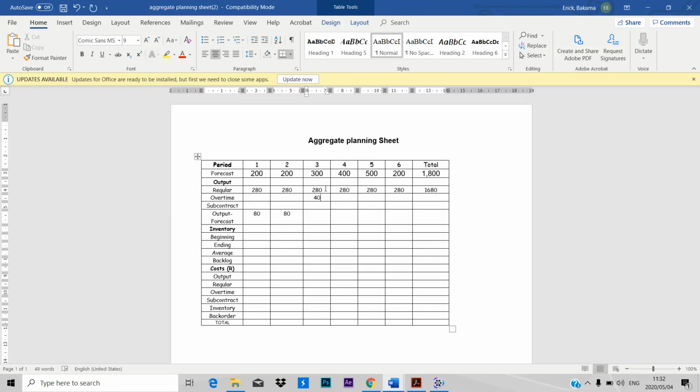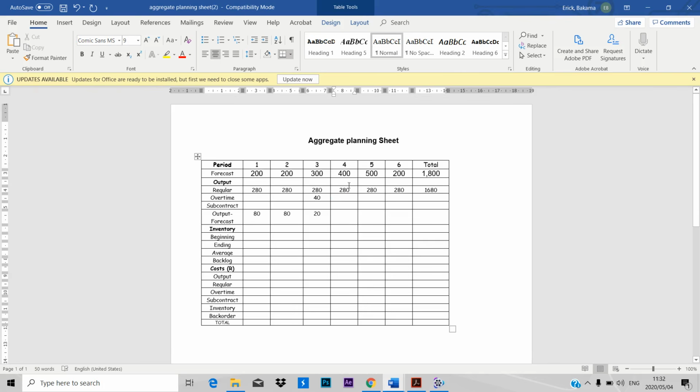We have an overtime of 40, which means we normally produce 280 units, but with the overtime we want more people to work. They have produced an excess of 40 units, so we have 280 plus 40, which gives you 320. Now in this period we have produced 320 and the customer wanted 300, so we'll be left with an additional stock of 20, because 280 plus 40 is 320, minus 300, we have 20 left.